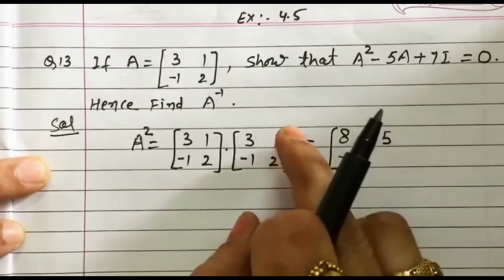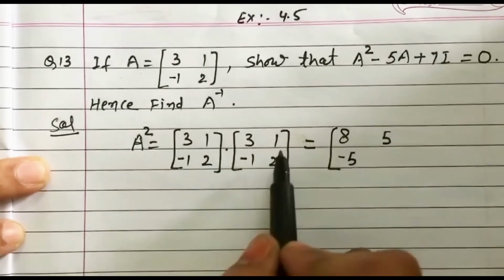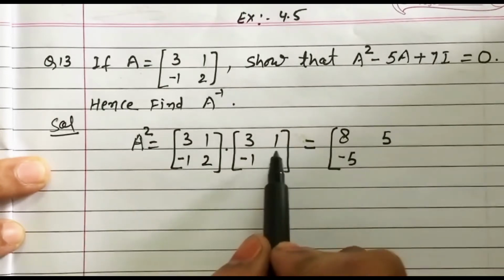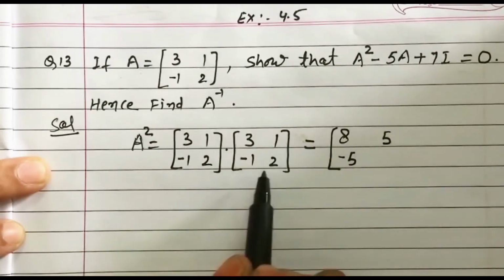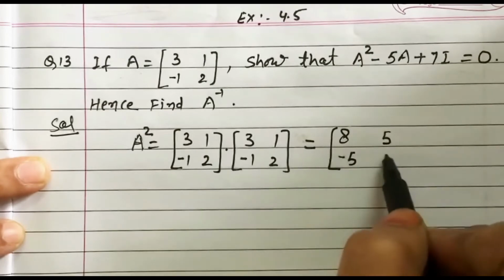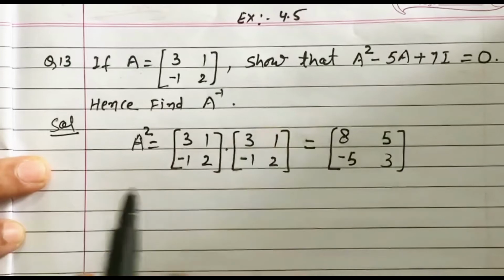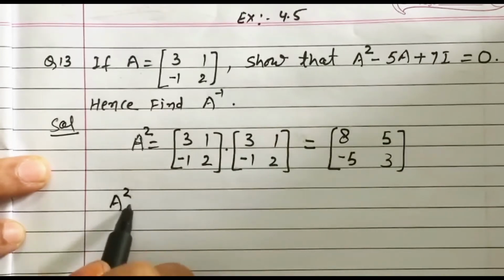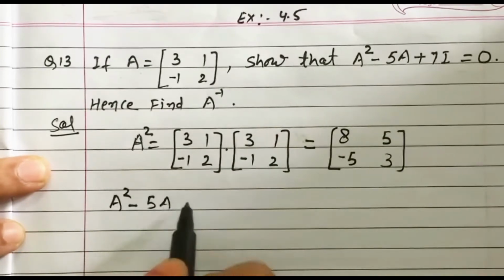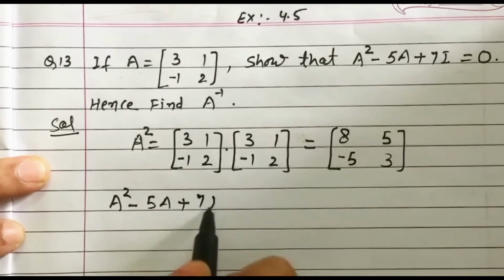Now the second row multiplies with the second column. Minus 1 multiply with 1 is minus 1, then plus 2 into 2, so you will get 3 here. Okay, it's A square. Now A square minus 5A plus 7I.